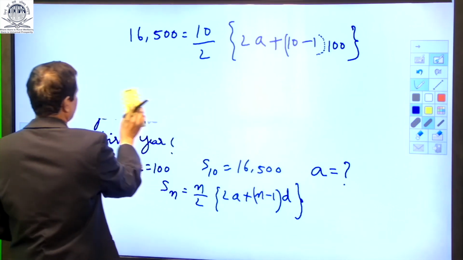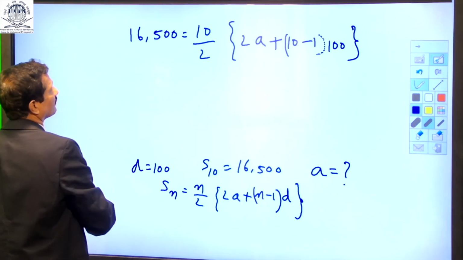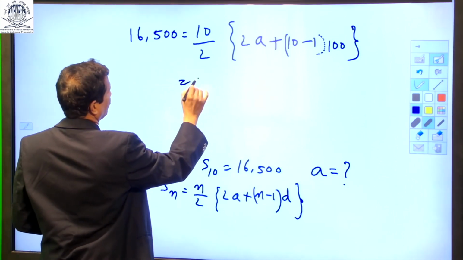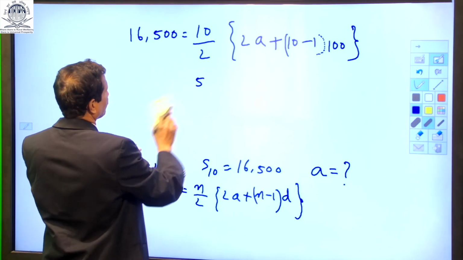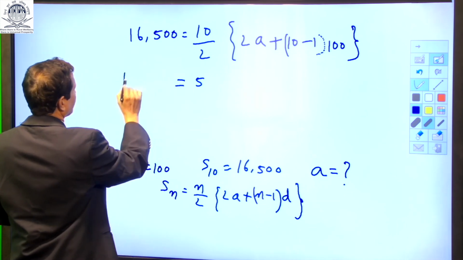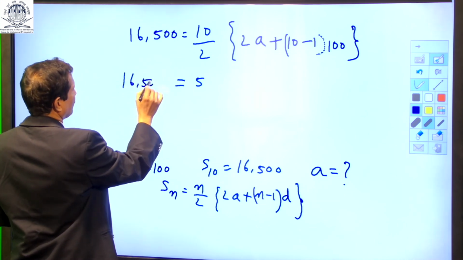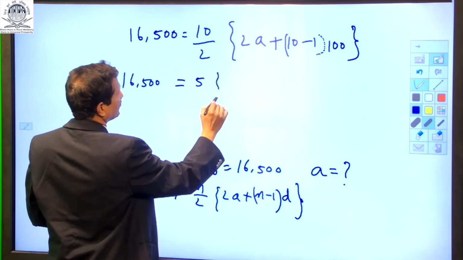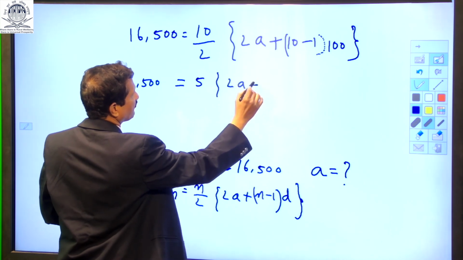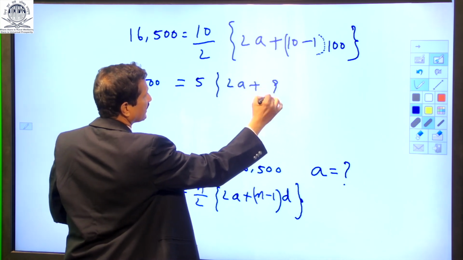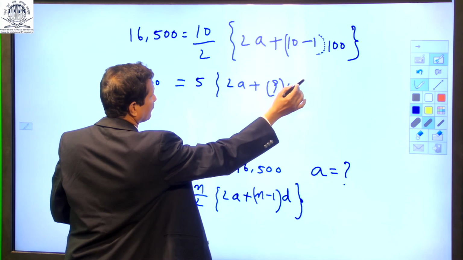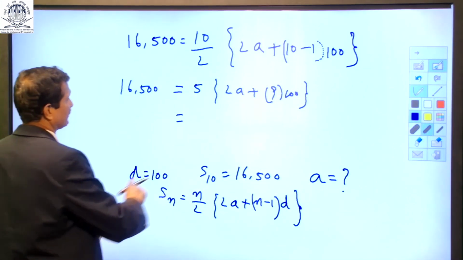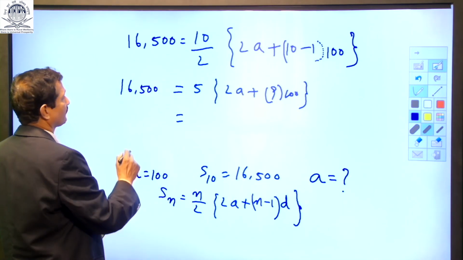Let us find the value of A. This is 5, so 16,500 is equal to 5 into 2A plus 10 minus 1, which is 9, into 100. So now let us calculate the value of A.